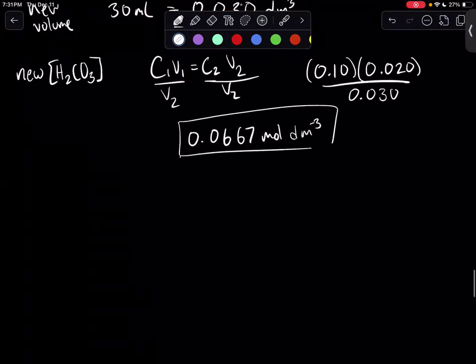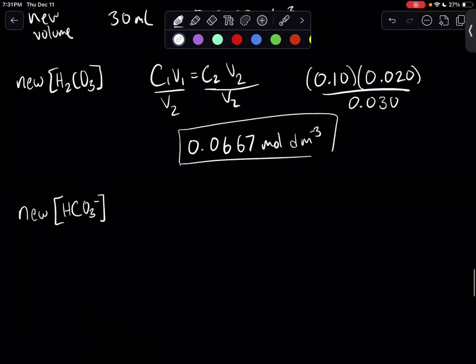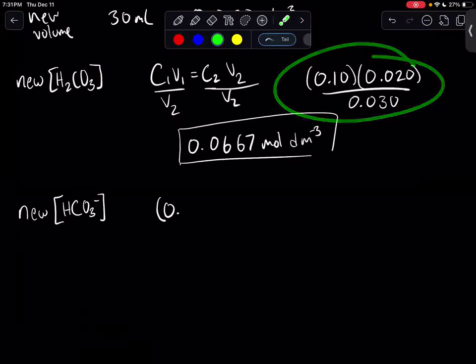Now, we're going to do the same thing with our sodium bicarbonate. In this case, I'm going to stop referring to the sodium. I'm just going to be looking at the bicarbonate ion, HCO3 minus, which sodium bicarbonate will fully dissociate into. And I'm going to just skip straight to the step where we use this equation.